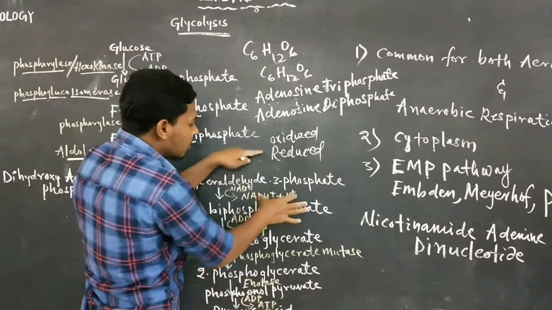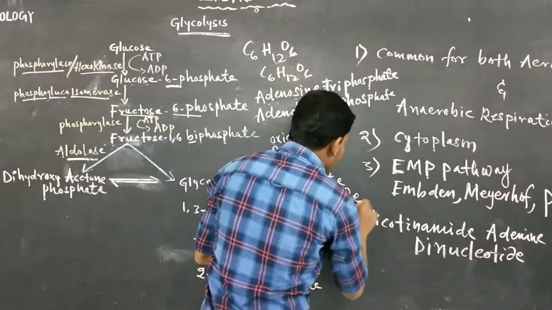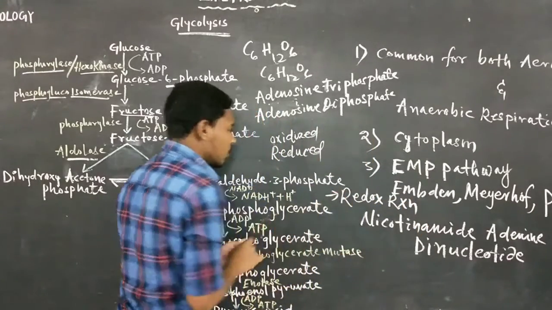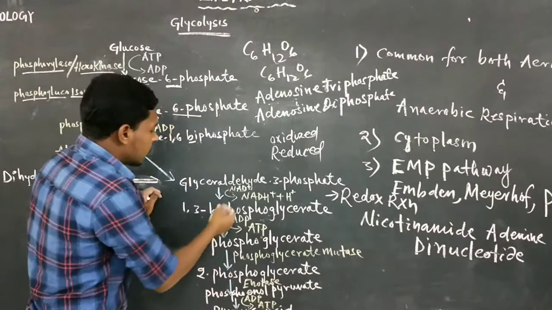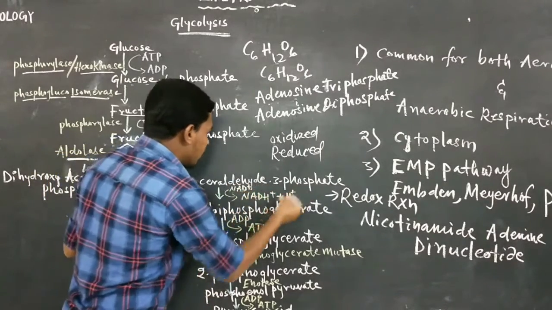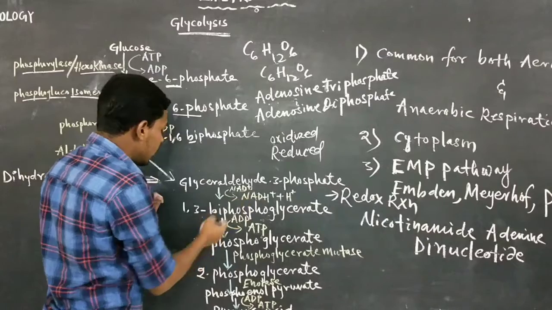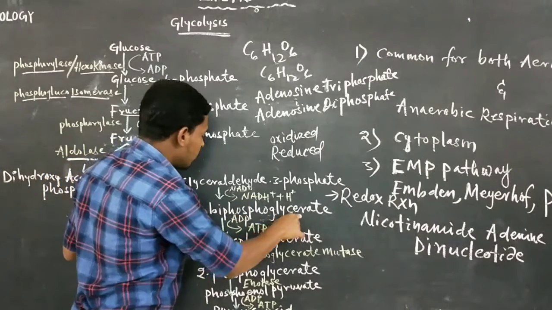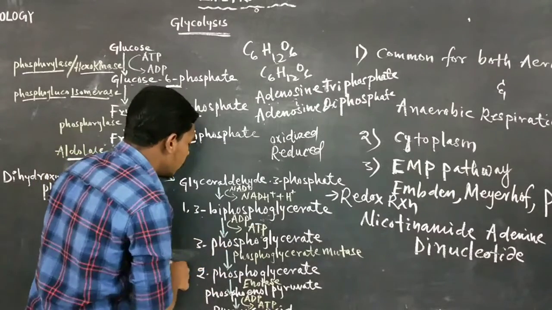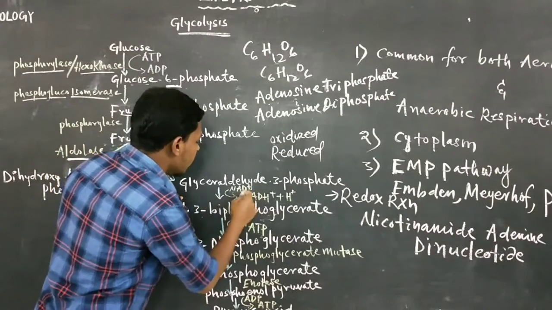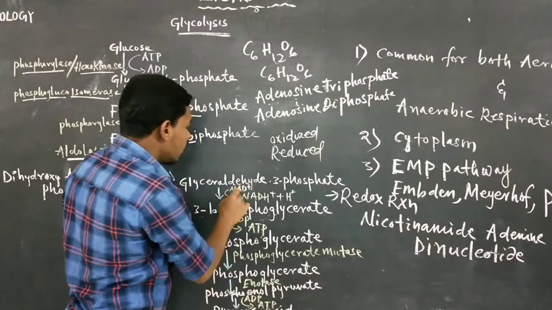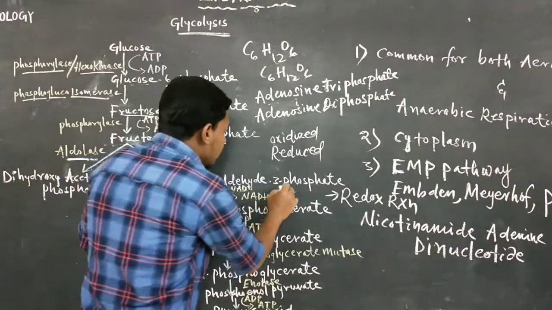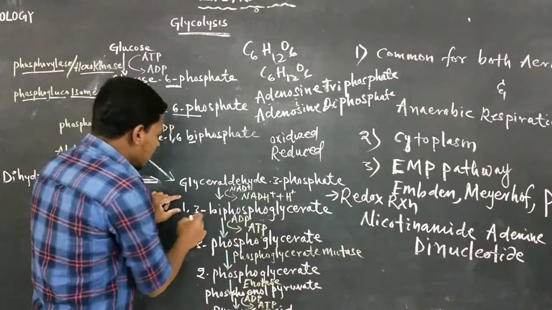In this reaction, because this is a redox reaction, you will be studying it in chemistry. Now glyceraldehyde 3-phosphate gets oxidized by this enzyme and forms what? 1,3-bisphosphoglycerate, and this is the energy currency.